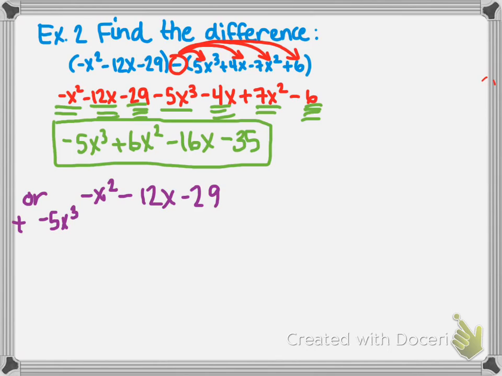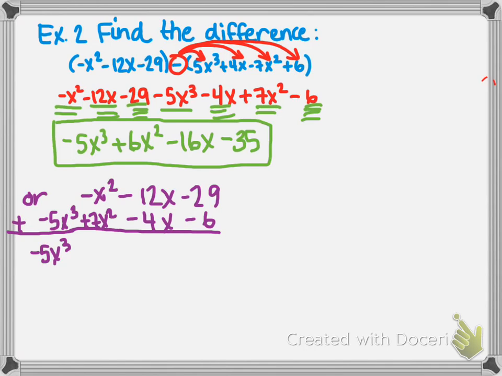So changing the sign because of the cubic term, and there's no cubic term to line it up underneath, so we need to put it out to the left. So negative 5x cubed. Okay, changing the sign of the quadratic term turns to positive, so plus 7x squared minus 4x minus 6.